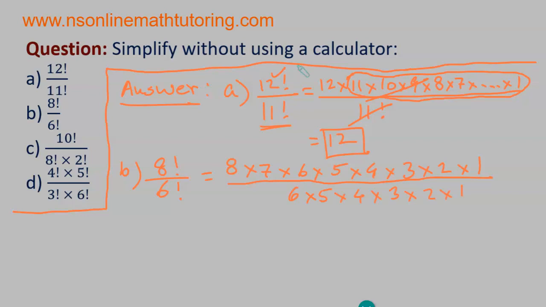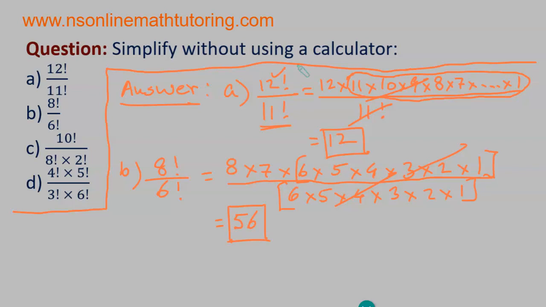So this part is 6 factorial. This is of course 6 factorial. So these two will be getting cancelled and we will be having 8 times 7, that is 56 as the answer for our subpart B.